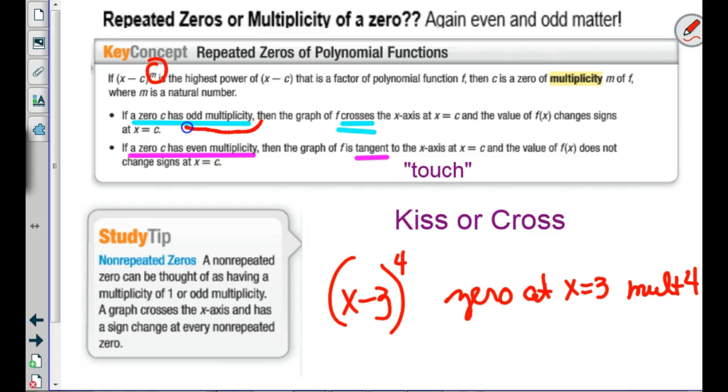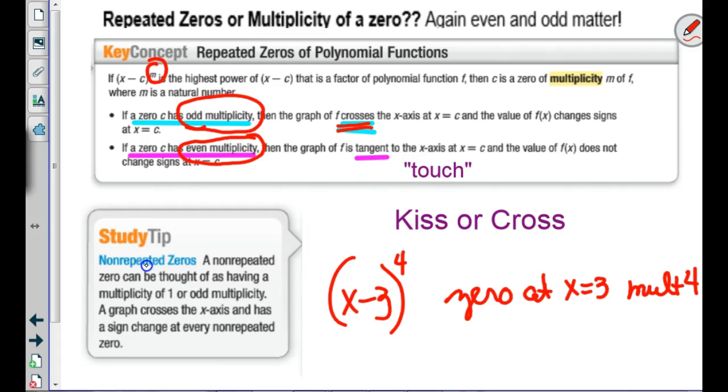If it is an odd multiplicity, it actually crosses the x-axis. If it is an even multiplicity, it'll be tangent to the x-axis, and we could say it just barely touches. Some teachers use the phrase kiss or cross. Does it just barely kiss the x-axis, or does it actually cross the x-axis? Okay, just nice alliteration, kiss or cross, even though it's different letters.